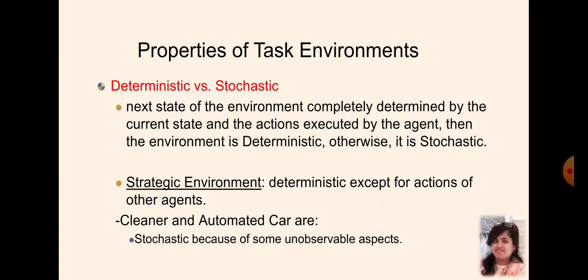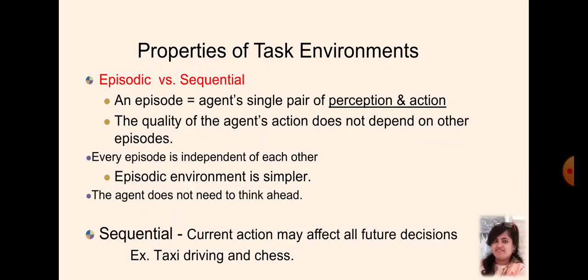Suppose you are driving an automated car, but currently do you know from which side the pedestrian will come, or which side another car will come? There will be some missing information about the environment. You cannot completely determine your next state based on your current state. Some stray animals might come in front of your car. So this makes the environment stochastic, as there are some unobservable aspects.